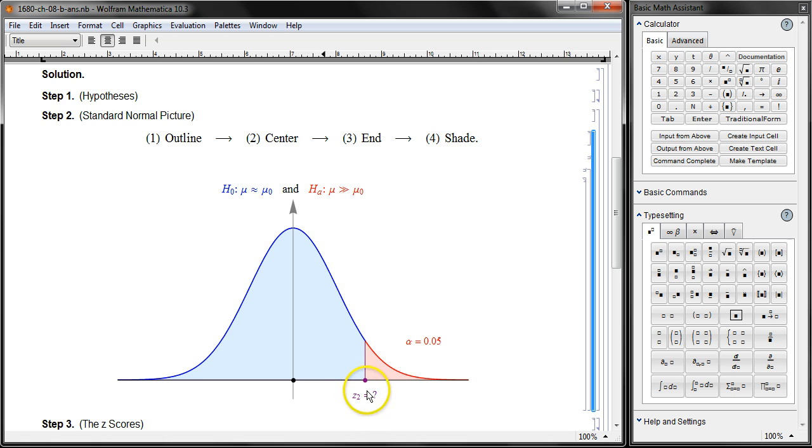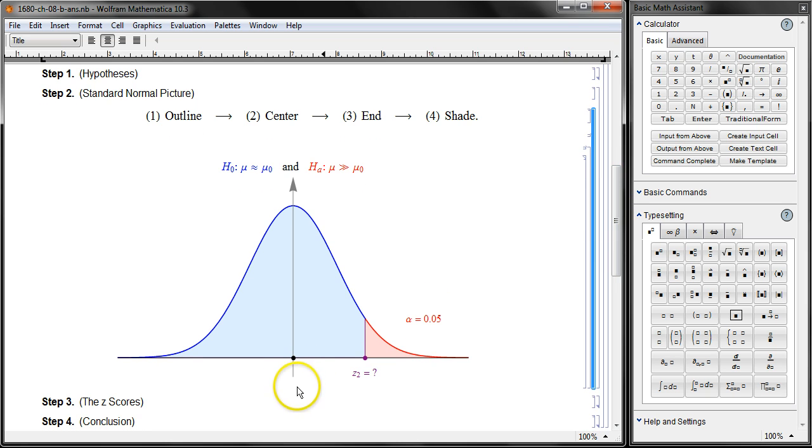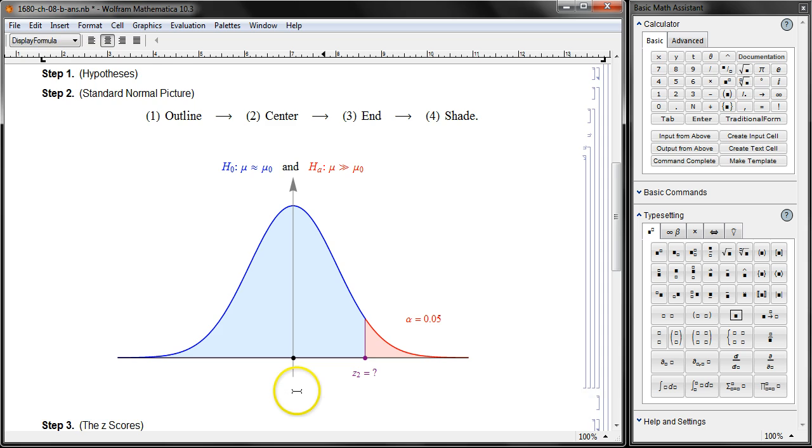And that critical z-score is associated to the alpha value here, which is given as 0.05. Consequently, the left-hand spot is 0.95. Now, what do we do next? You just find out this critical z-score, and we calculate the z-score for the given problem here.